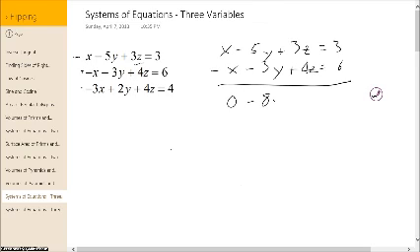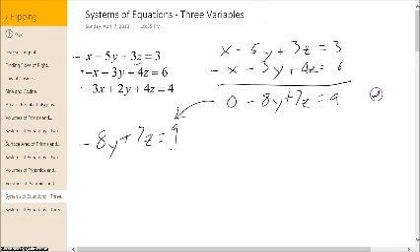I've got negative 8y, plus 7z. Combine these, I've got 9. Okay, and this 0 is just really not there. So now I've got negative 8y plus 7z equals 9. That's what I want. Okay, so over here I'm gonna leave this. I can't do anything more with this right now. We're gonna see where this is going. So I'm gonna tuck that guy away. I'm gonna put him over there for safe storage.